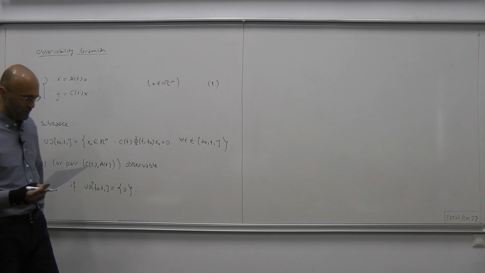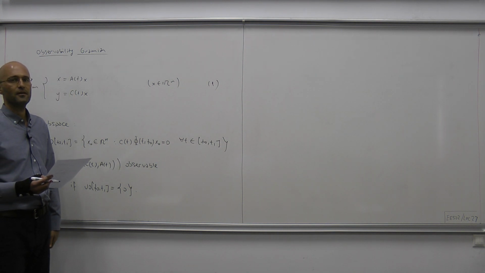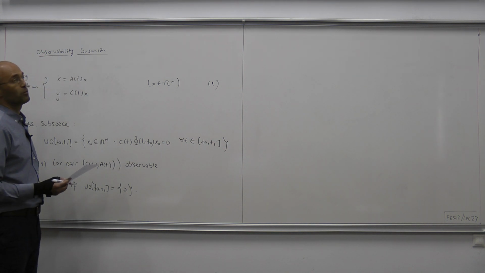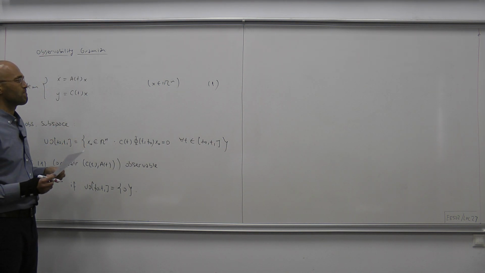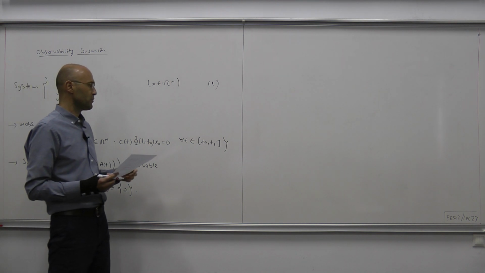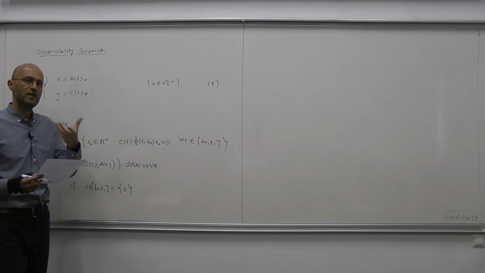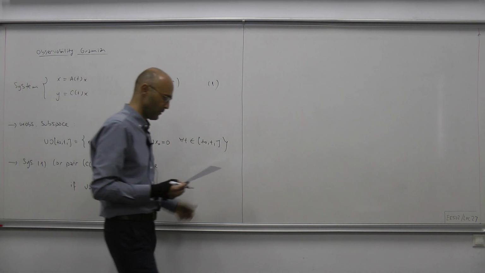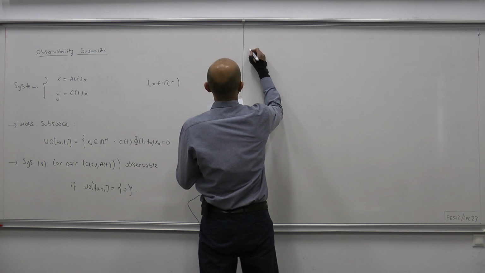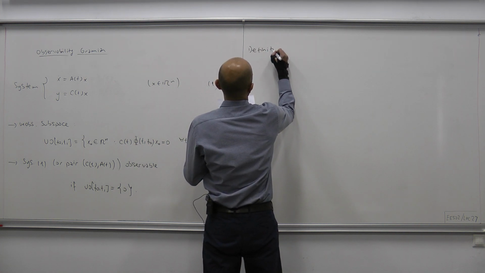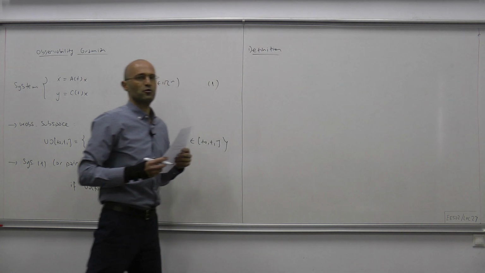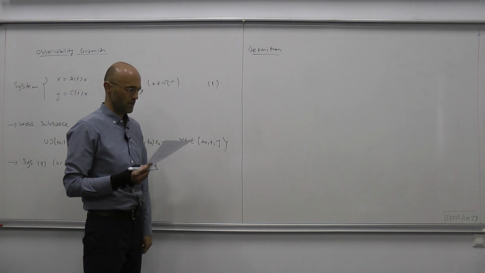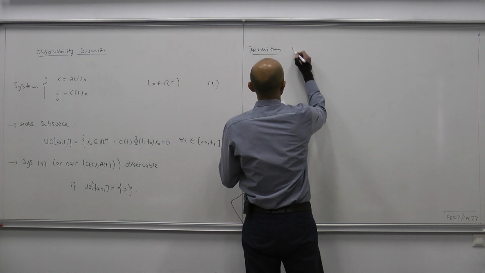Now we will introduce yet another tool that we will use in observability, which is called the observability gradient, and it's very useful because it will help us to discover the duality between observability and controllability for LTI systems. So this is the definition of the observability gradient for a given system and for a given interval t0, t1.